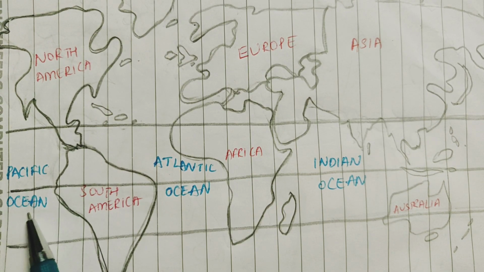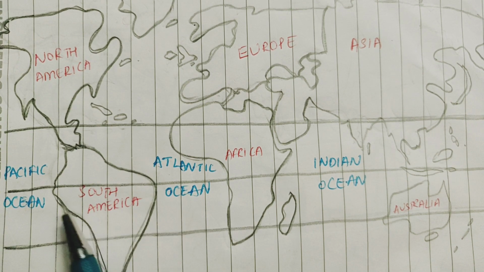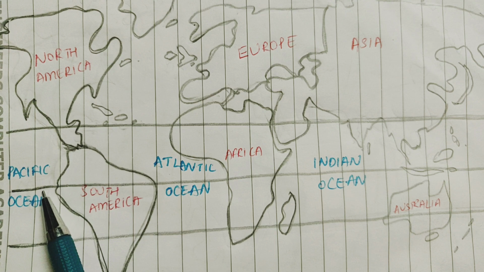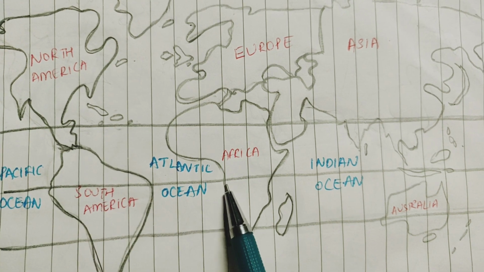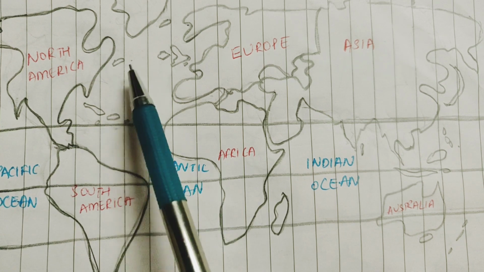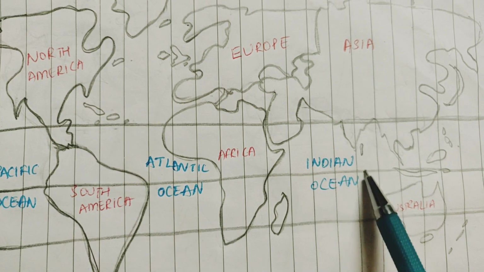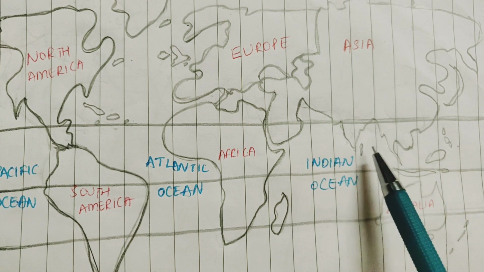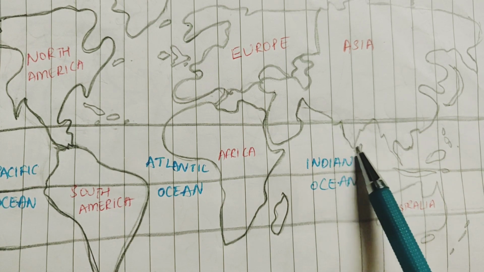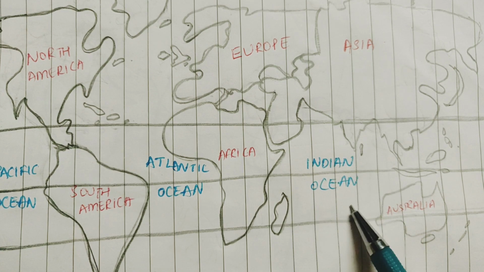So here we have the Pacific Ocean, which is the largest ocean, and the second largest ocean, Atlantic Ocean, is present over here. And here there is the Indian Ocean. So here a country India, and just below here you can see the Indian Ocean.